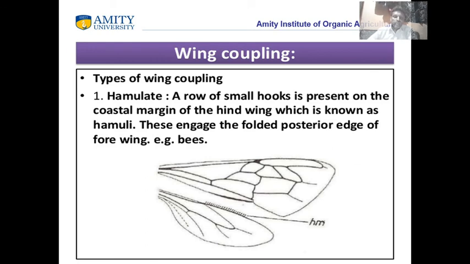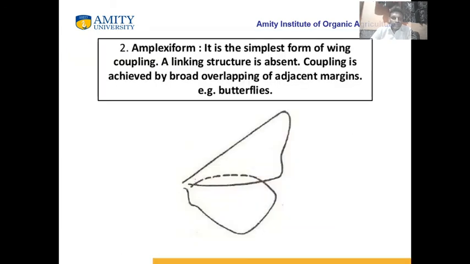When there is a hook-like structure present on the costal margin of a hind wing, that is called hamuli, and the engagement of this hind wing with the forewing with the help of hamuli is called hamulate type of wing coupling. The examples are bees. Different bees have hamulate type of wing coupling.